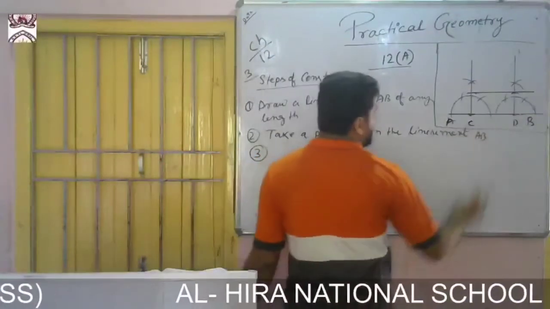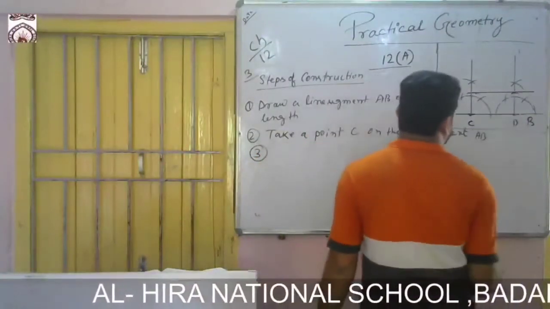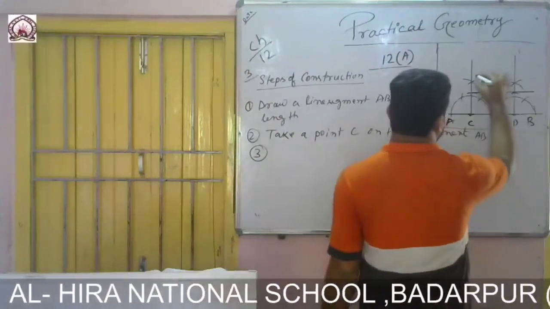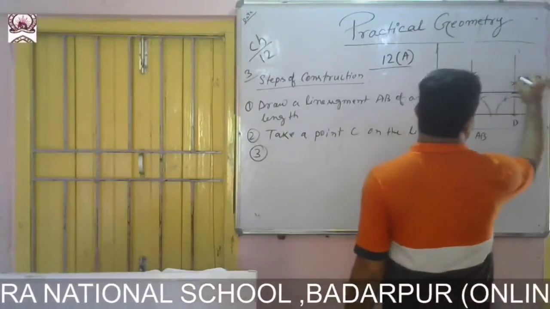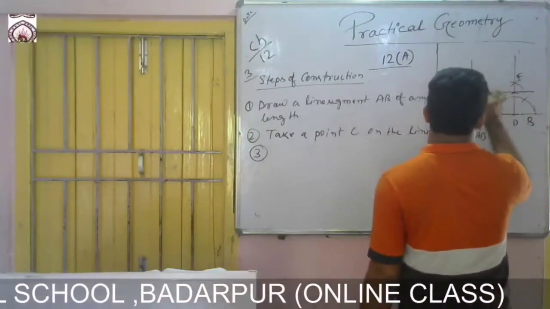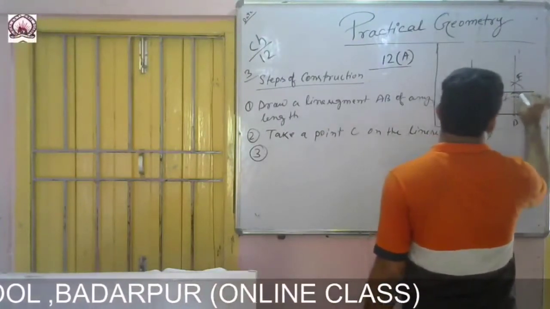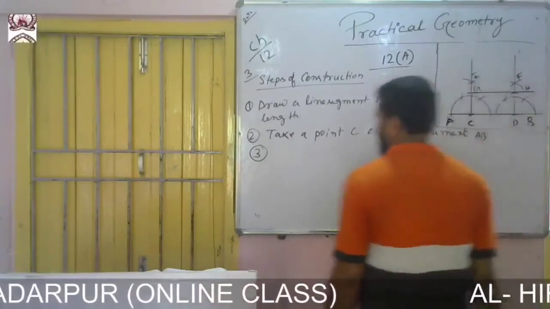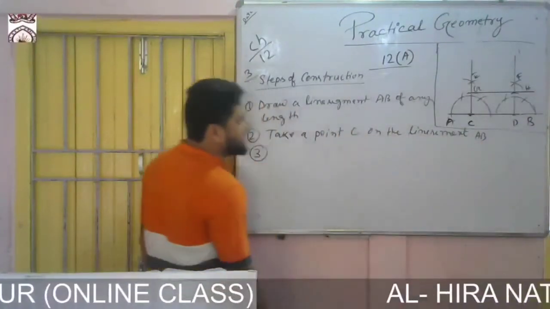Here you can give two points, A, B, C, D. Here you give E, here F, this one G, and this one H.